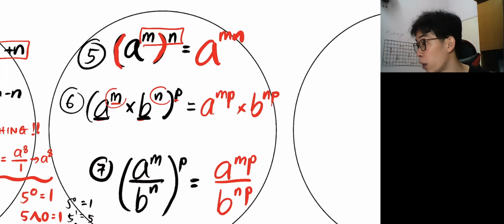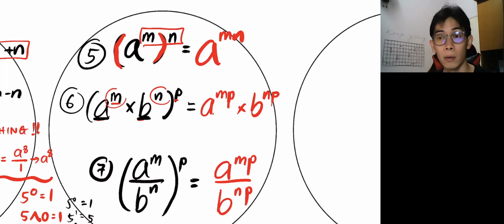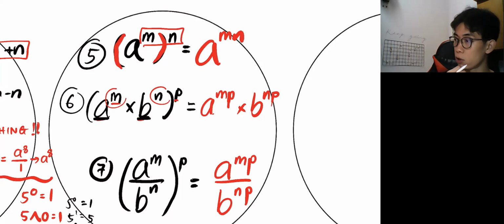Wait, teacher, why don't they put n in front of the bracket like normal? We put it behind the bracket. In front of the bracket. Number 5. N. Oh, can man? Do you see something like this before?